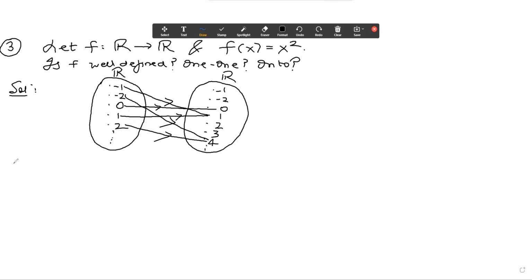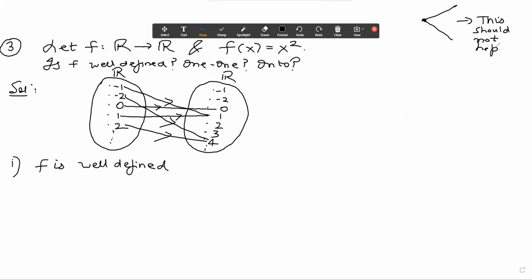You can clearly see that f is well defined. See guys, for a function to be well defined, what should not happen? This should not happen. Because if this happens, then the function is not well defined. So you can see that f is well defined.